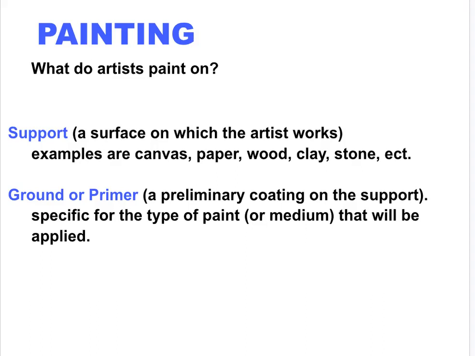A lot of artists do some cool stuff with using unusual surfaces to paint on. Bark from a tree, or an old cardboard box. Whatever the message of the art is, that can become part of the artwork, is the material, the support that the artist is painting on. So there's a wide variety of things. Really anything goes for a support.